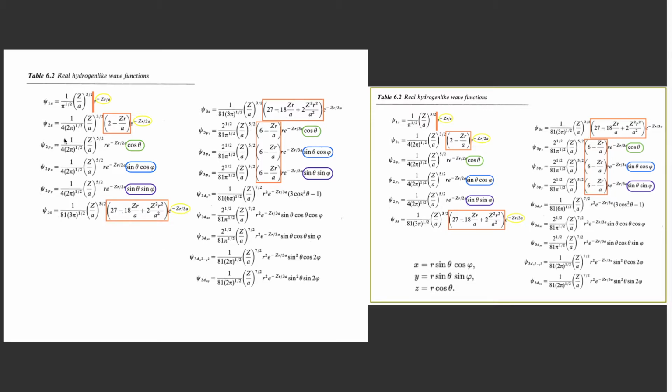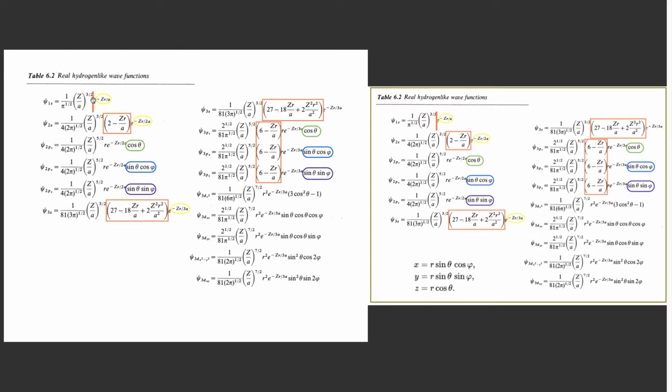And we know that n, the principal quantum number, defines the size of the orbital, and a larger value for n means that the orbital extends further from the nucleus. So the 1s orbital is smaller than the 2s orbital, the 2s orbital is smaller than the 3s orbital, and that's because of this principal quantum number that appears in the denominator of this exponential part.